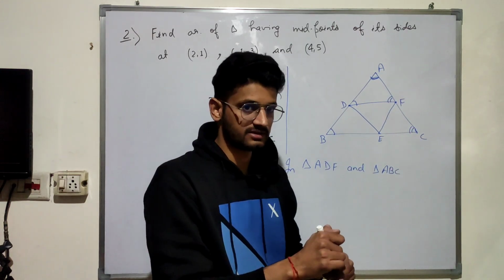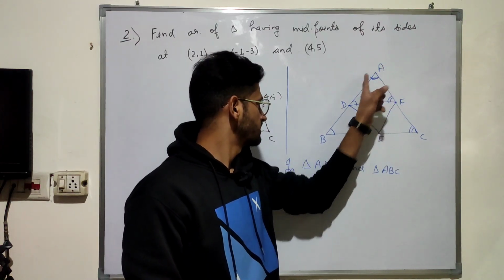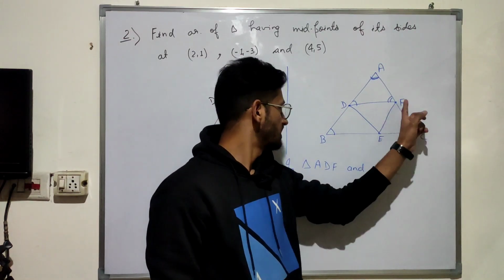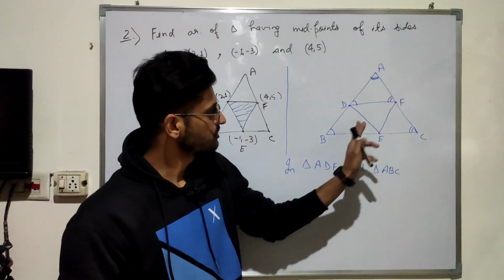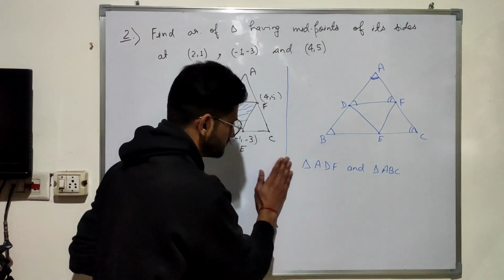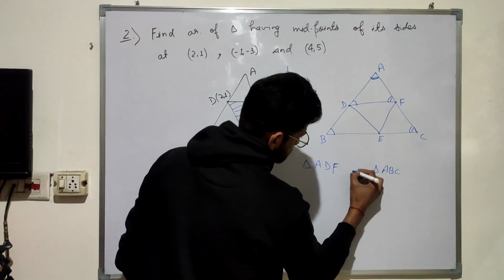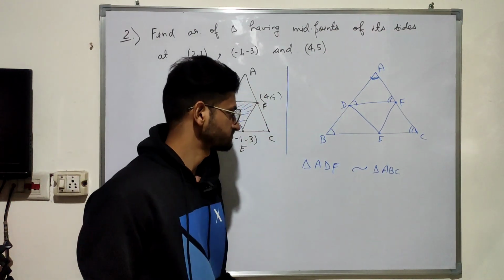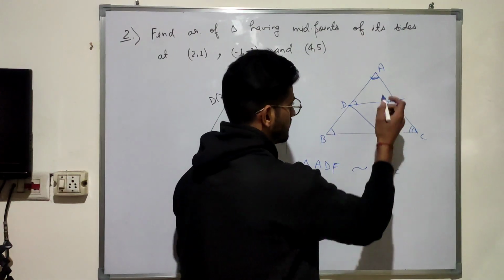Angle ADF is equal to angle ABC, because DF is parallel to BC. So we can clearly see that triangle ADF is similar to triangle ABC.